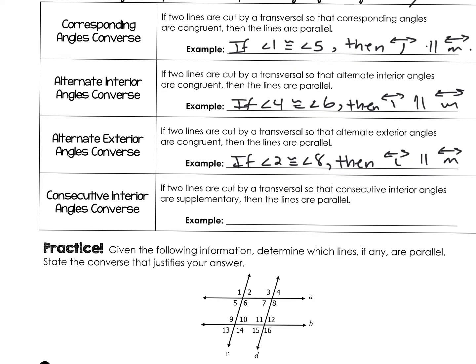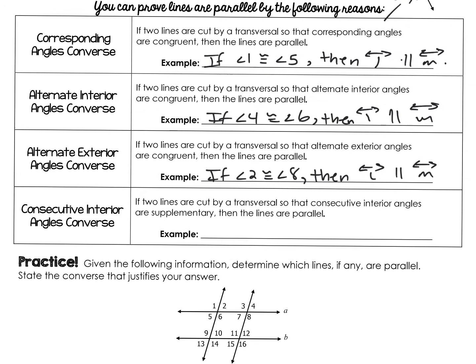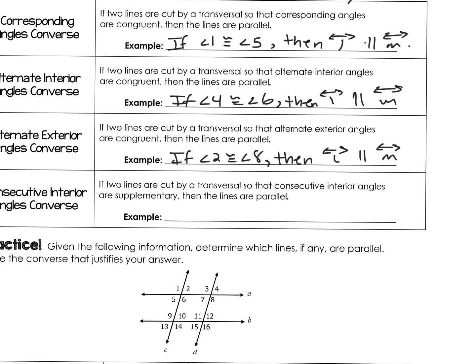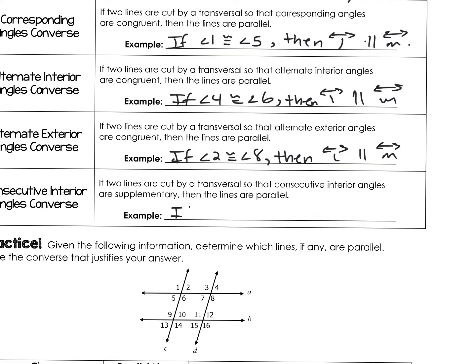And then lastly, consecutive interior angles converse. If two lines are cut by a transversal so that consecutive interior angles are supplementary, which means they add up to equal 180, then the lines are parallel. So this would be like 3 and 6 or 4 and 5. So we could say if the measure of angle 3 plus the measure of angle 6 equals 180, then line L is parallel to line M. Okay.